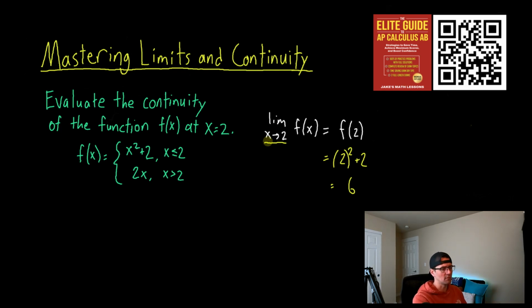So instead of just finding the limit as x goes to 2 of f of x, we need to verify: does the limit as x approaches 2 from the left of f of x equal the limit as x approaches 2 from the right of f of x, and are those two values also equal to f of 2? Basically, we need to find both one-sided limits and make sure that they are both 6 in order to confirm that this function is continuous at 2.